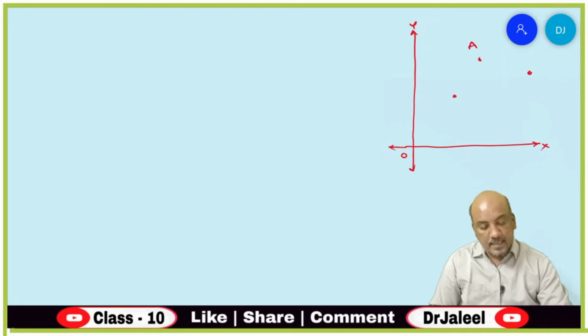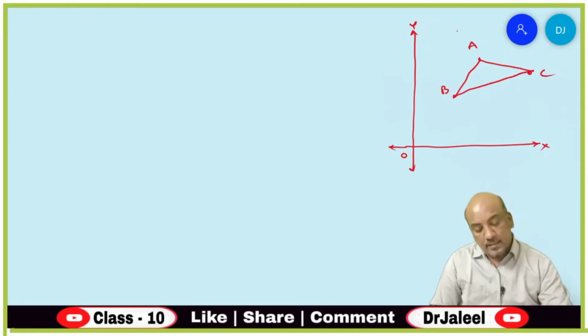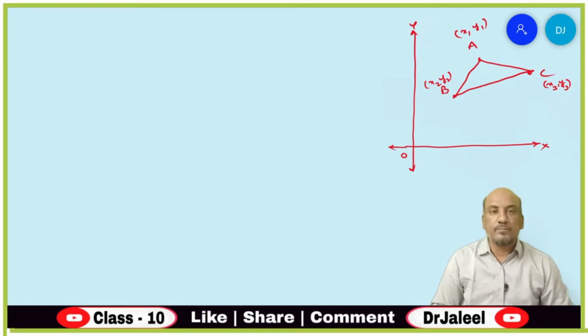This is A, this is AB, this is BC and this is AC. For these 3 points, the coordinates are: this is (x1, y1), this is (x2, y2) and this I am taking as (x3, y3).